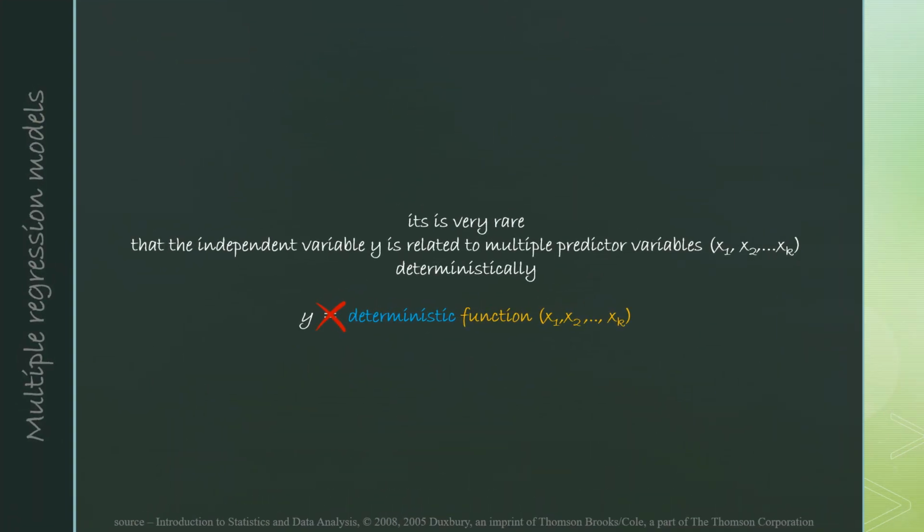Like in the case of the simple linear regression model, it is very rare that the dependent variable y is related to multiple predictor variables x1, x2 and so on up to xk deterministically. That is, y is not a deterministic function of x1, x2 and so on up to xk.